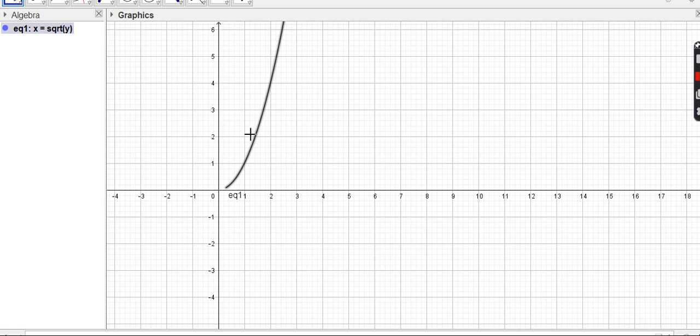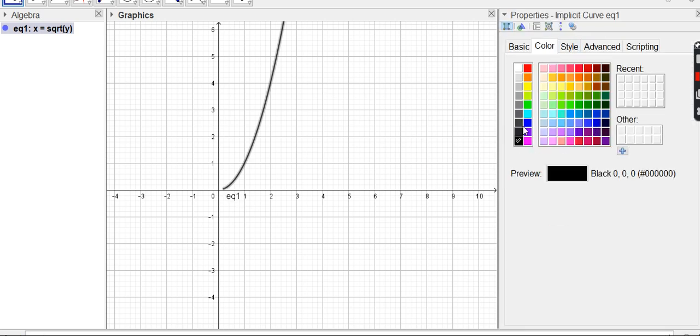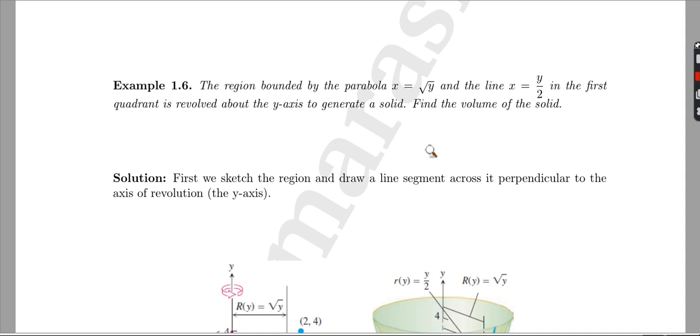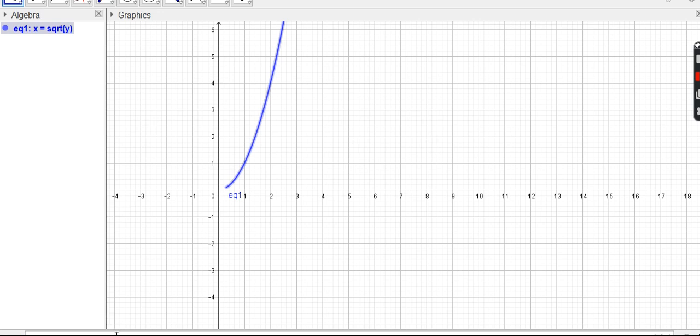So that's the parabola which opens upward, the half parabola which opens upward. Let's color it blue. Okay, and then let's have the line, and that is y over 2. X equals y over 2.